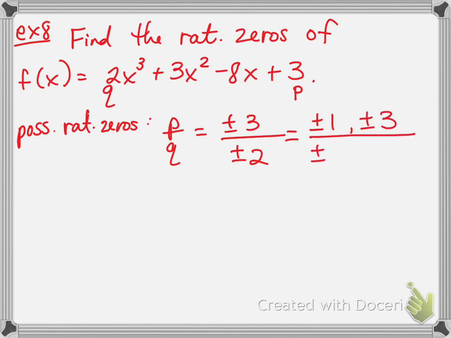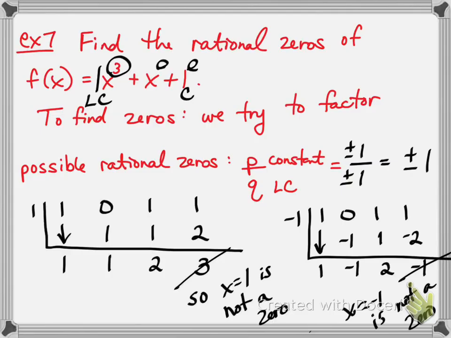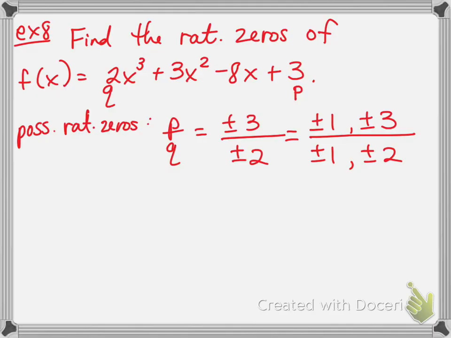And all the factors of 2 are 1 and 2. See, we didn't have to do that over here because the only factors of 1 were 1 and negative 1. So all the possible rational zeros are all the possibilities here.